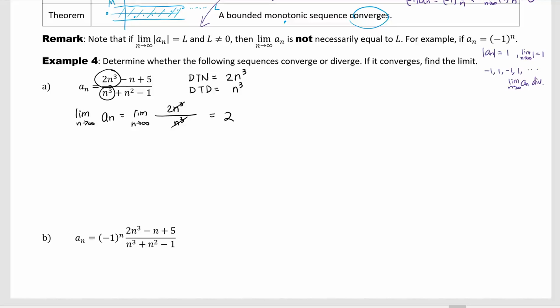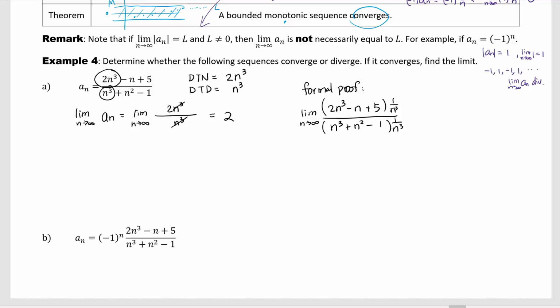Okay. And actually, this is a quick way of doing that. Just look at the dominant term. Actually, there is a formal proof. The formal proof is, in fact, what you do is you have the numerator and you have the denominator. Okay, you multiply the top by 1 over n cubed and the bottom by 1 over n cubed.